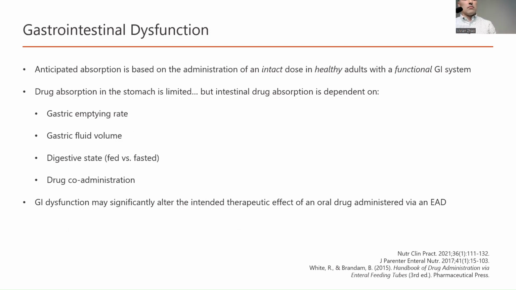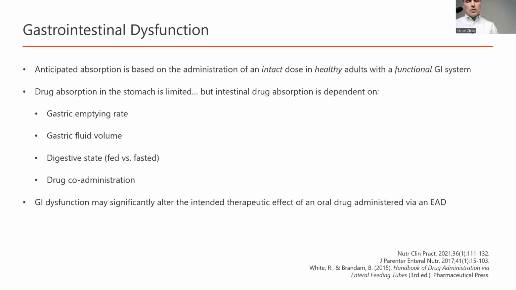Gastrointestinal dysfunction. Anticipated absorption of a medication is based on the administration of an intact dose, not modified for enteral administration, in healthy adults with a functional GI system. And this is not the patient that we help care for, correct? Drug absorption in the stomach is limited, but we know that it influences intestinal drug absorption and is dependent on the gastric emptying rate.